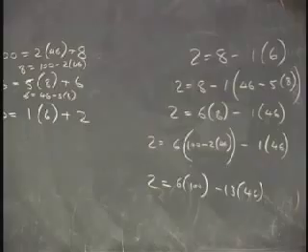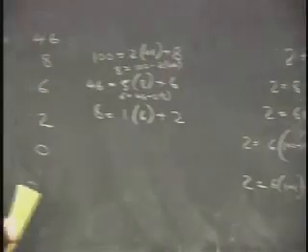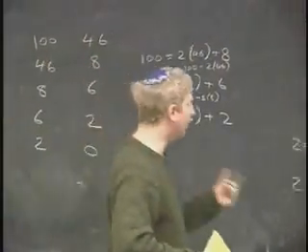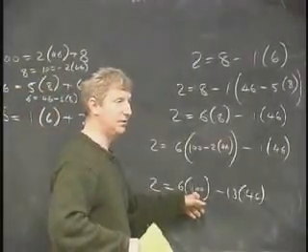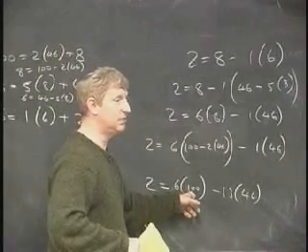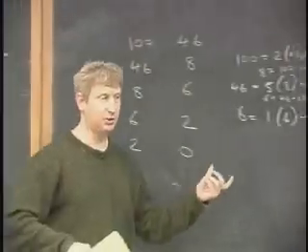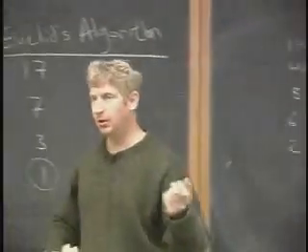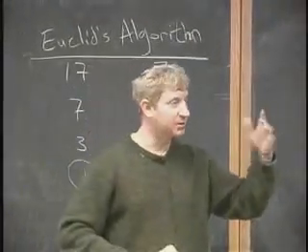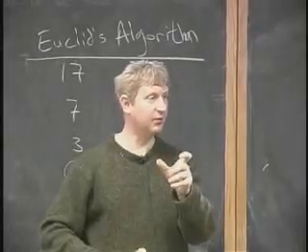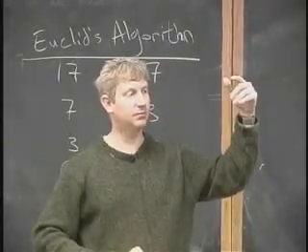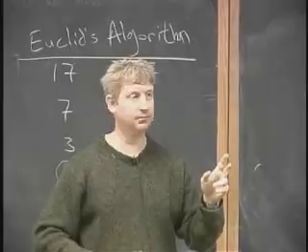So what do you think, Joe? What do you think about your question before? You asked before, when we did 17 and 7, whether the smaller number always appears in the positive constant. Right, it's not true. It's not necessarily true. Everyone see that it's switched here? Maybe if you have an even number of steps, the smaller one's first, and if you had an odd number of steps, the smaller one's second.